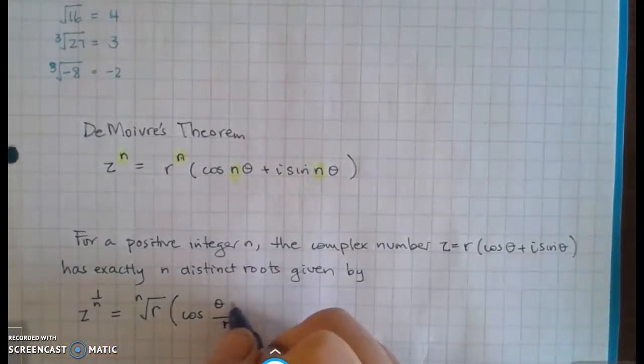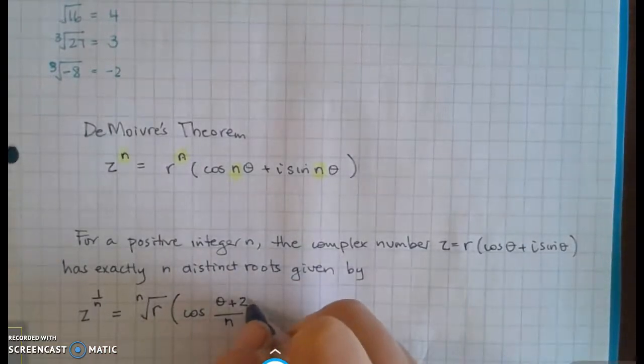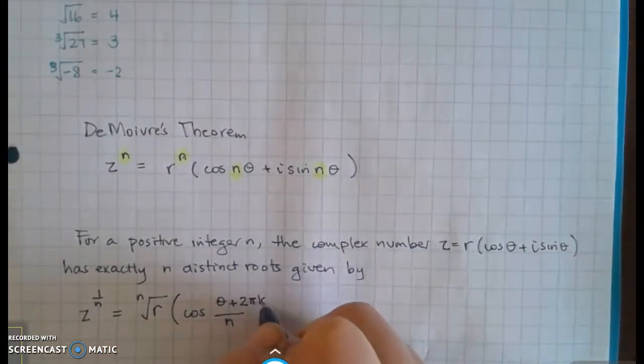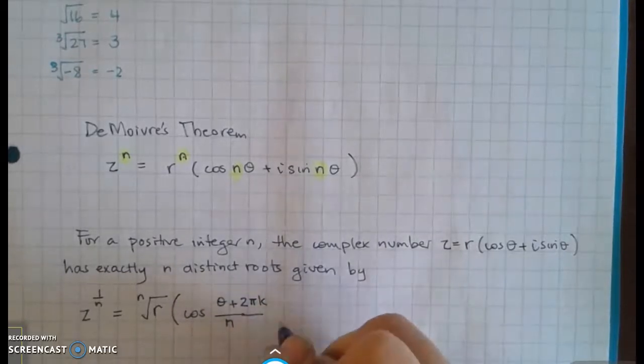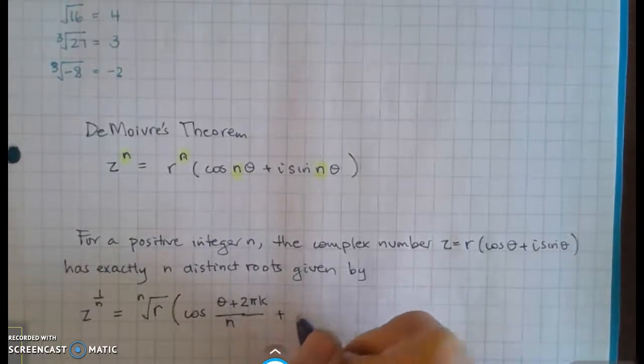But we have something a little bit more to it: you end up taking into account coterminal angles of the polar coordinates.